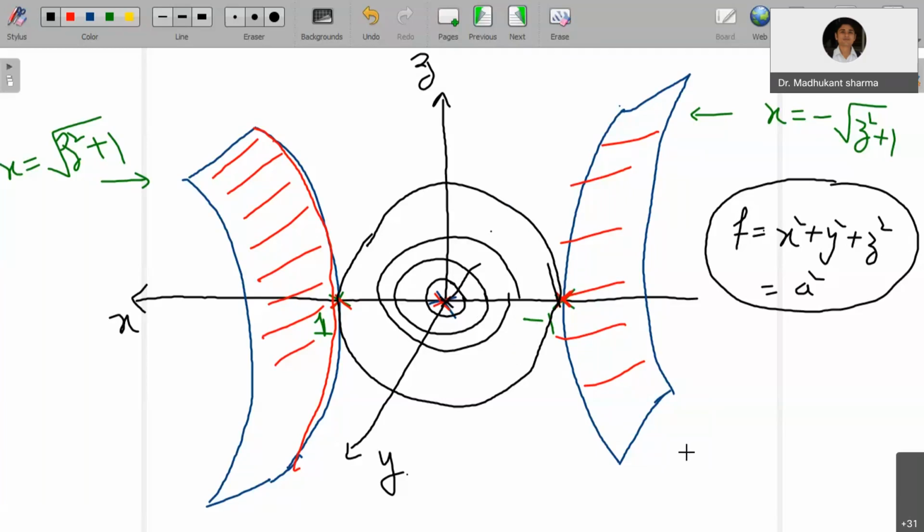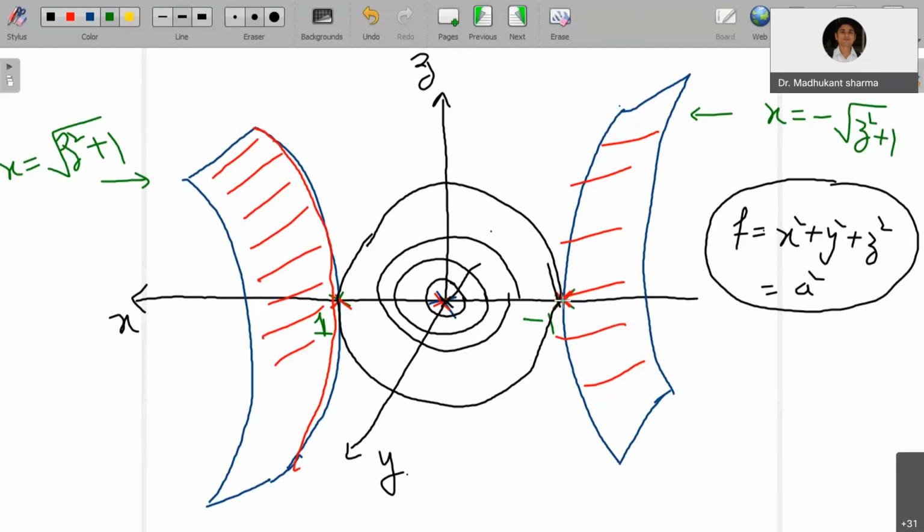Now, what you can look at geometrically here is that you are looking at the point on the surface which is closest to the origin. Just now we have drawn a sphere centered at the origin which touches the surface. What you can recognize here is the normal to this sphere and the normal to the surface.